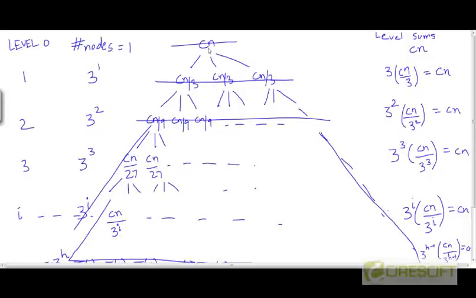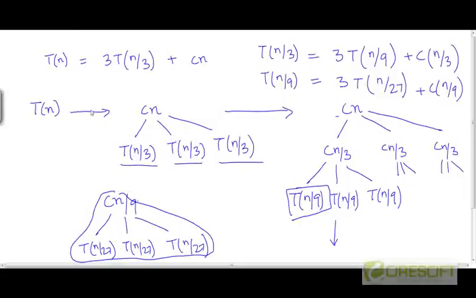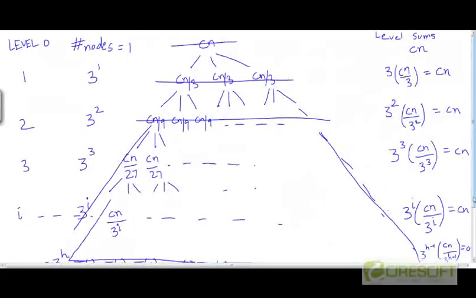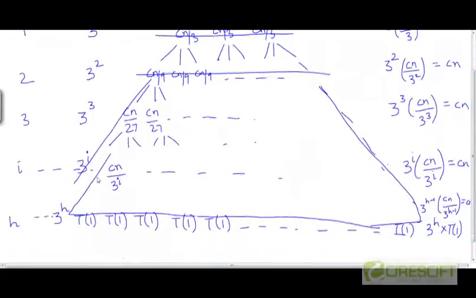So we start off with a problem of size n at the topmost level. When we created the next level, we had subproblems of size n by 3. When we created the second level, we had subproblems of size n by 9. When we created the next level, we had subproblems of size n by 27. So we went on creating smaller and smaller subproblems until the size of the subproblem got reduced to 1.